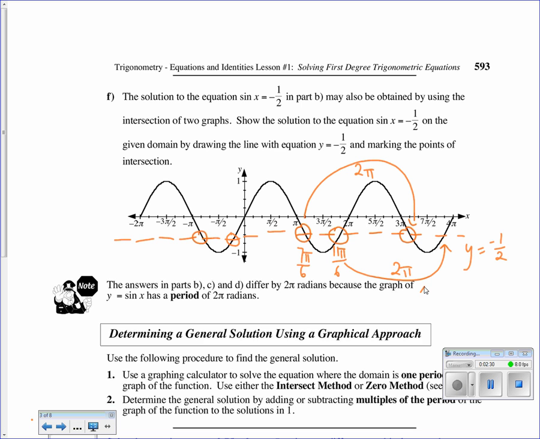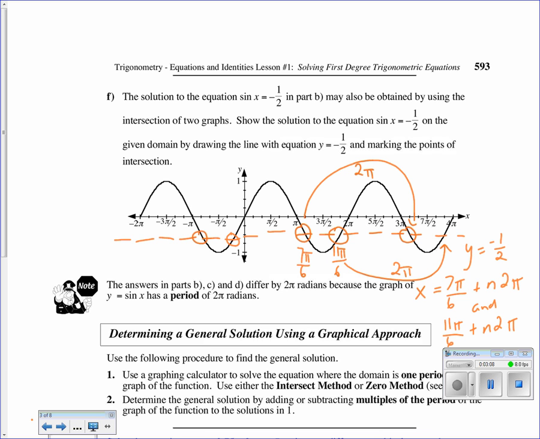We want to say that x equals 7 pi over 6 plus n times 2 pi, or x equals 11 pi over 6 plus n times 2 pi, where n is any whole number, positive or negative, that moves us up and down the screen.